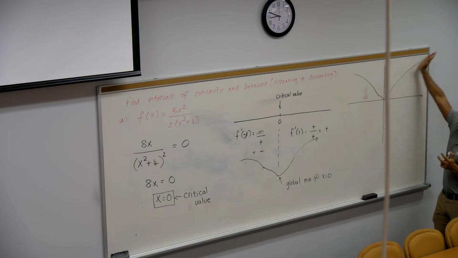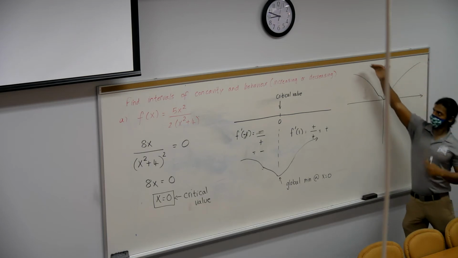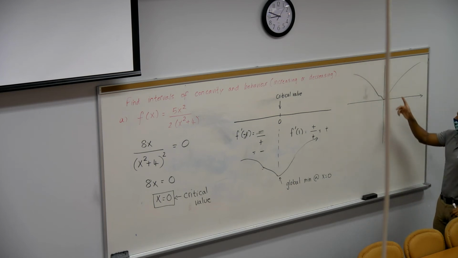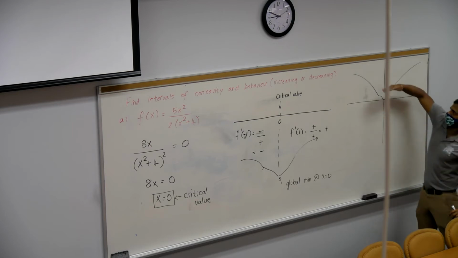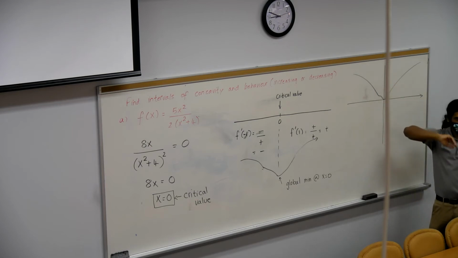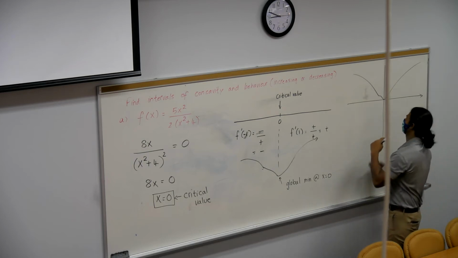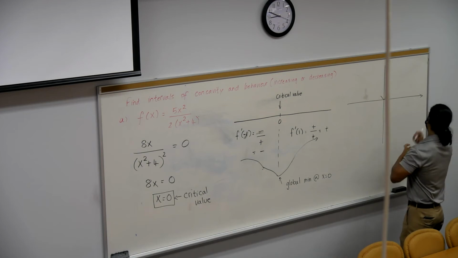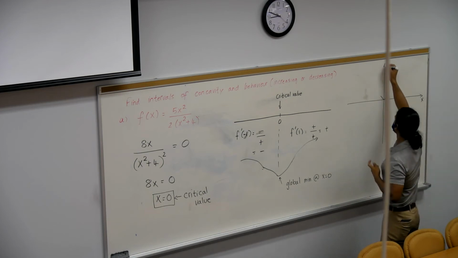Is it going to keep on going up? No. Because of our horizontal asymptote. Very good. There is a horizontal asymptote, which simply means this curve is going to get capped at that value. What is the horizontal asymptote that we have? 5/2, which is 2.5.